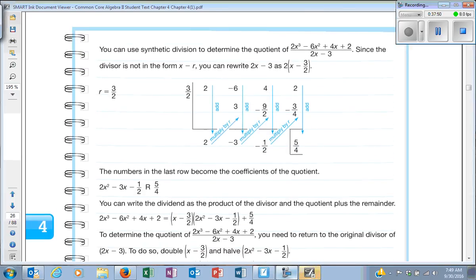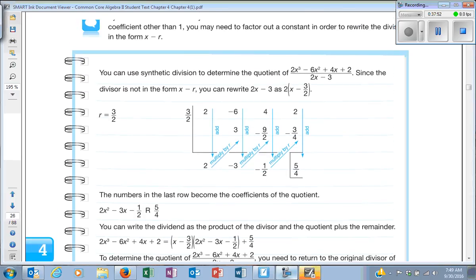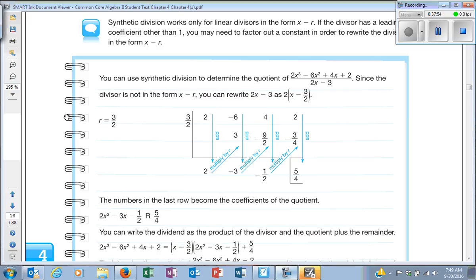Okay, this one is really important. You see this guy right here? What's the problem with that? I can still do my synthetic. But remember, if that's my factor, how do I find my root, which is what I need to go right here?